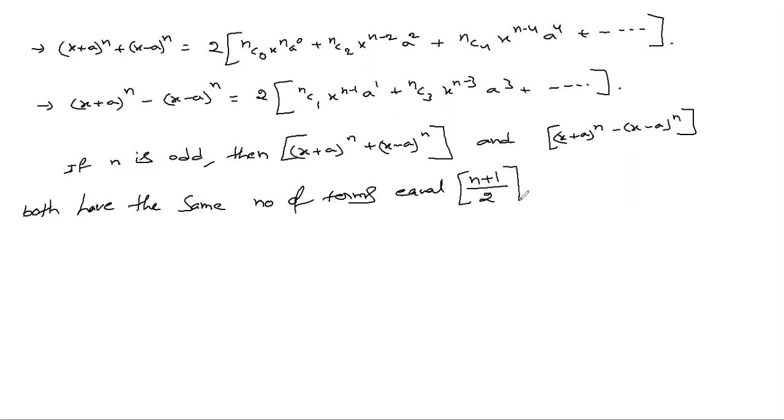Whenever n is odd, the total number of terms is n + 1, so (n + 1)/2 will be the number of terms in this expansion as well as in this expansion whenever n is odd.